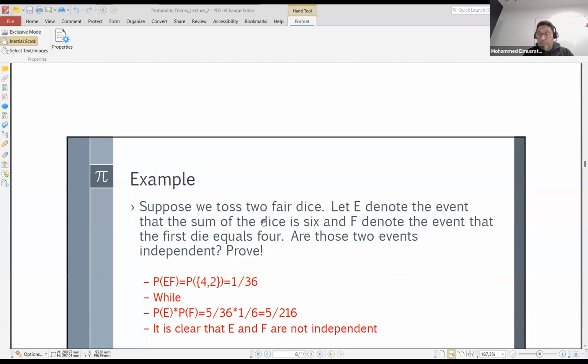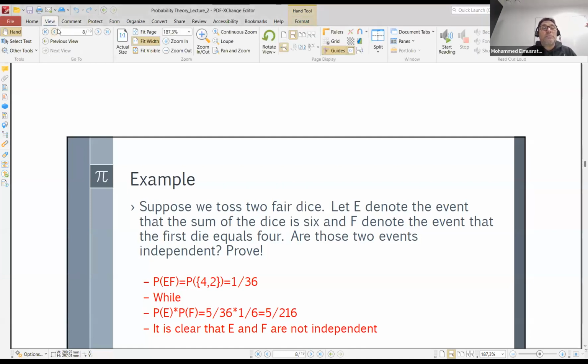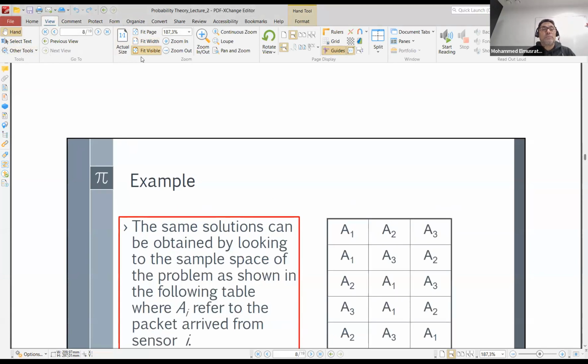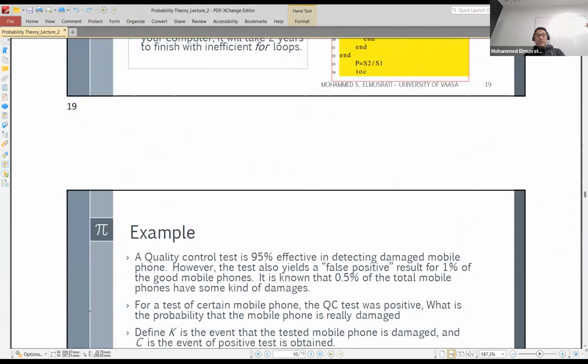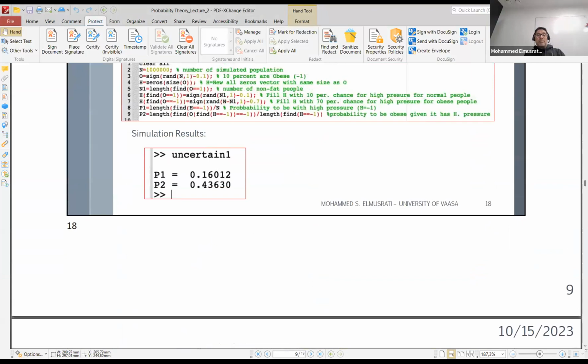Okay, so we can also do it here. Okay, so this is the law that we used in solving this example.